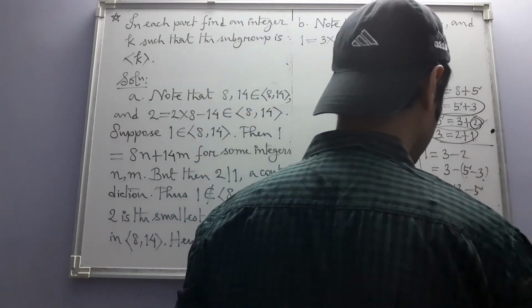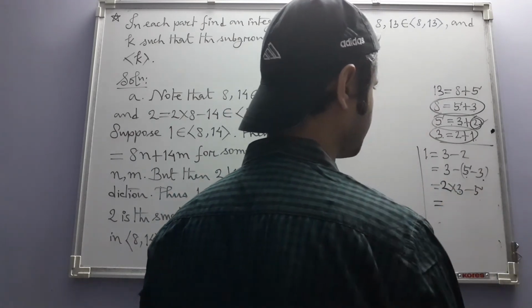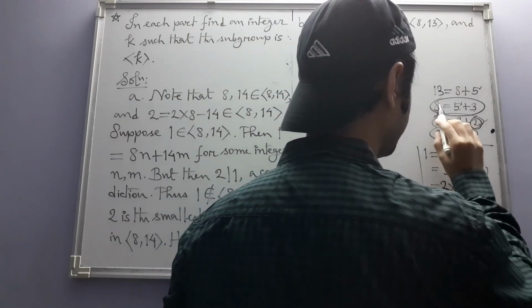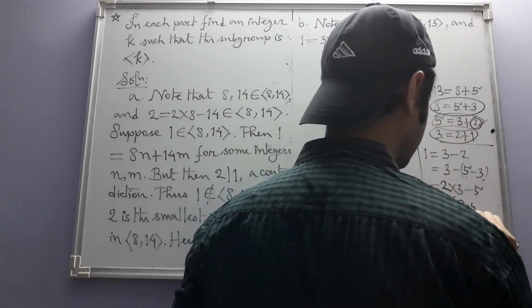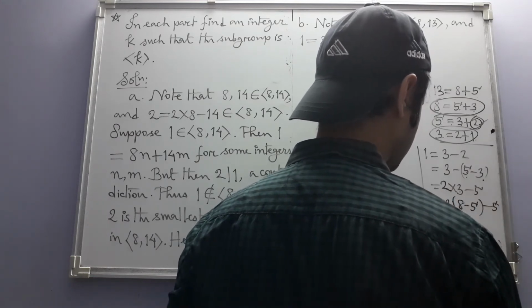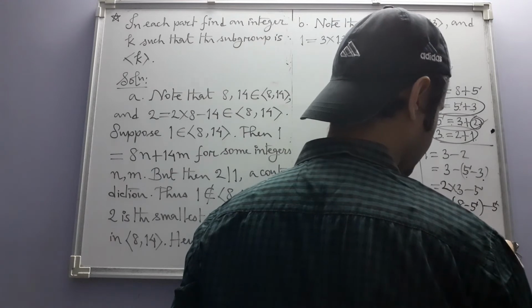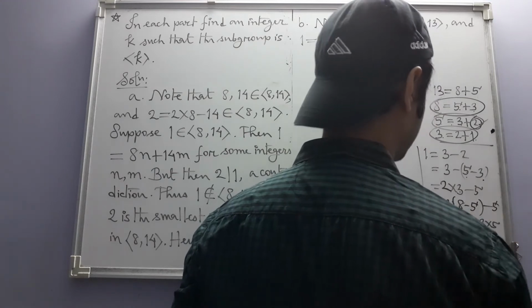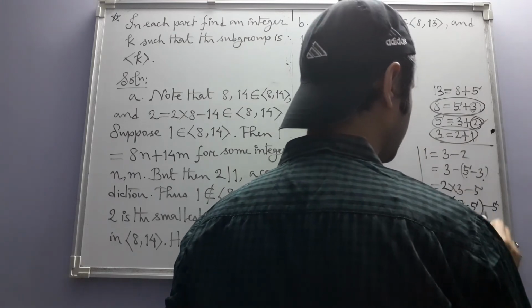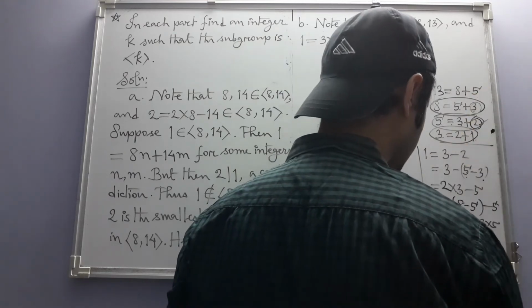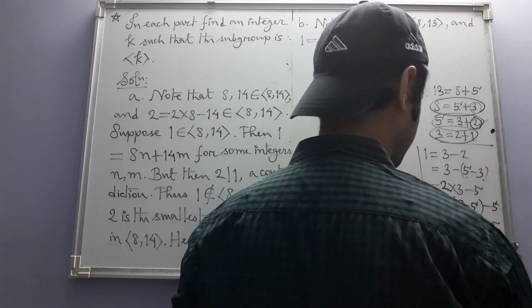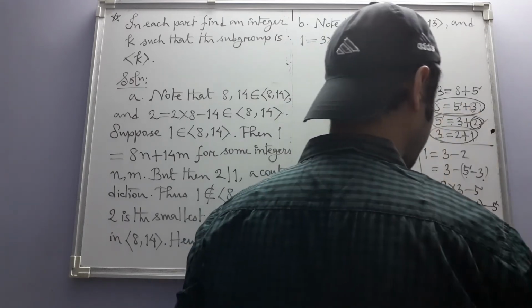After this I have to substitute for the remainder 3. So that will give me 8 minus 5. So this is 2 times 8 minus 3 times 5. Okay, and now I have to substitute for the remainder 5, 13 minus 8.